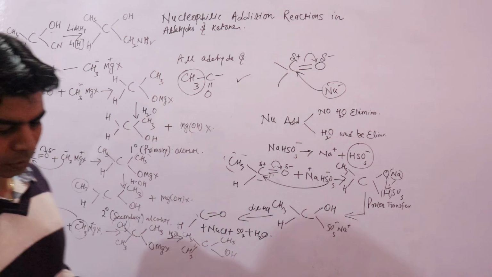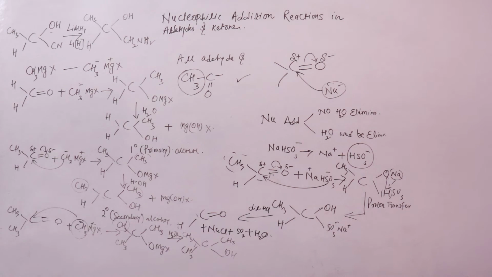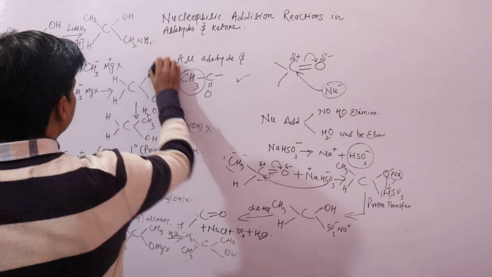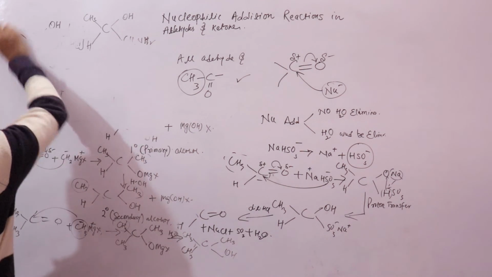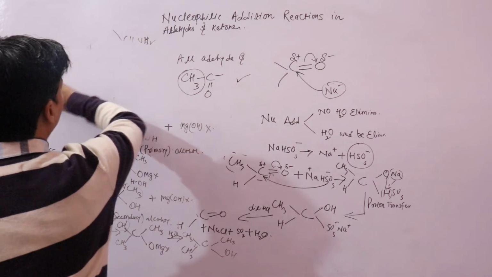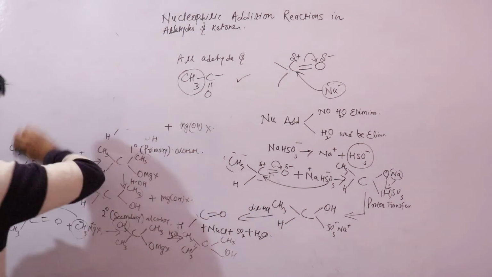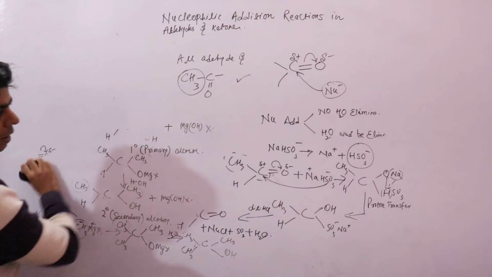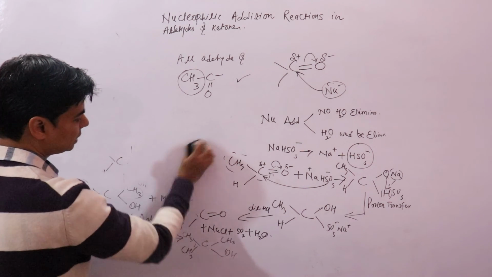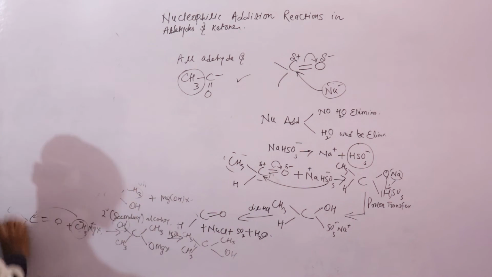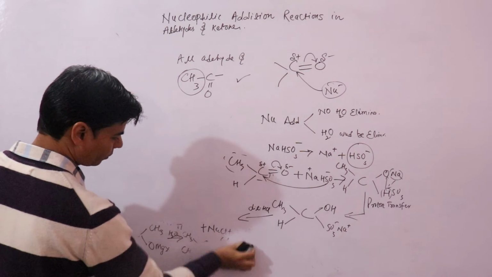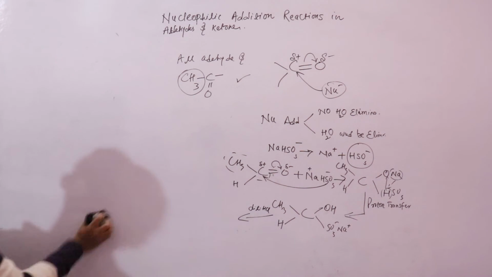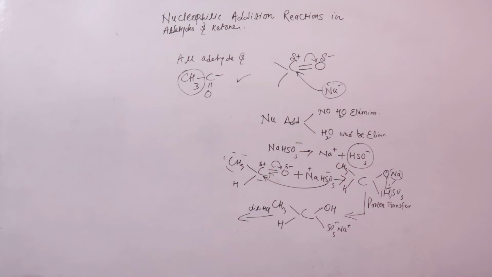We'll just look at the reaction to make things clear. And with dihydric alcohols, the products that get formed are cyclic acetals and cyclic ketals. So let's quickly look at those reactions.